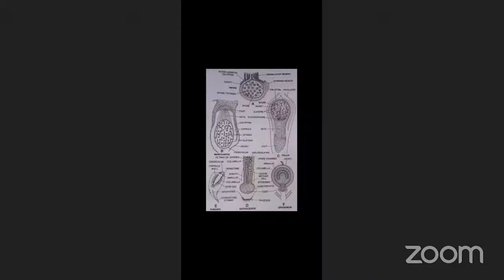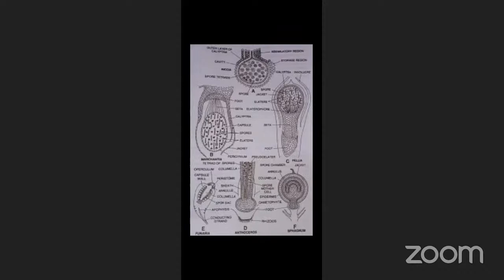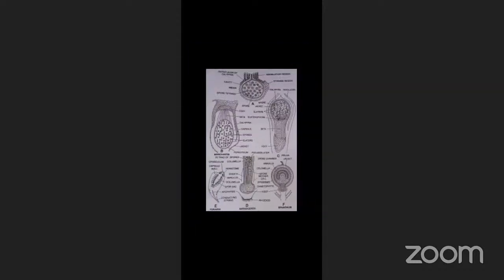Right. I will show the diagrams here. You have to tell the difference between Marchantia and Riccia. Are you able to see? B is Marchantia, C is Riccia. Just focus on these two diagrams.